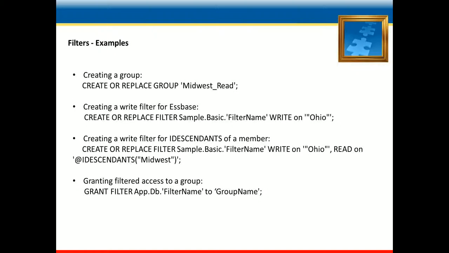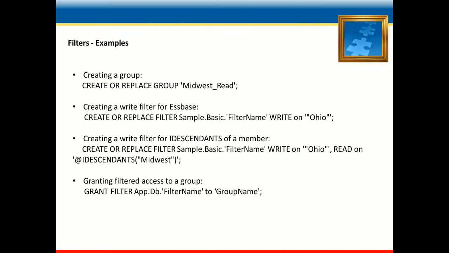The next command is for creating filters. Here it's create or replace filter sample.basic.filter name, write on Ohio. So this will create a filter with the filter name, which will have write access on the Ohio member. The next command is for the descendants of a member.